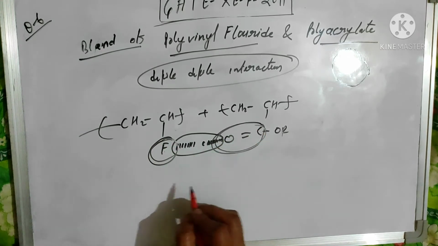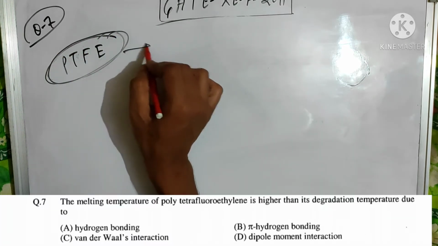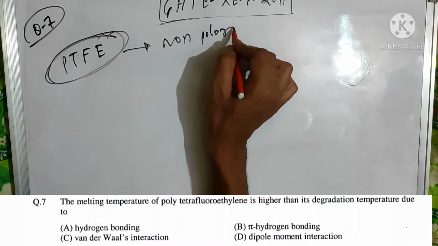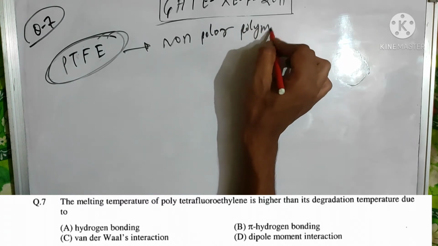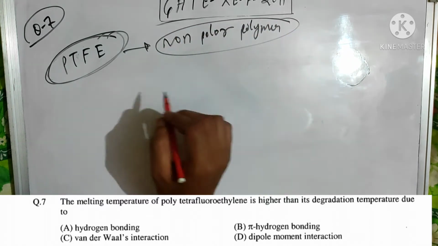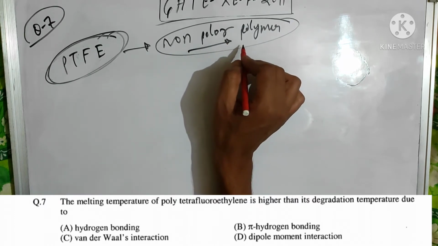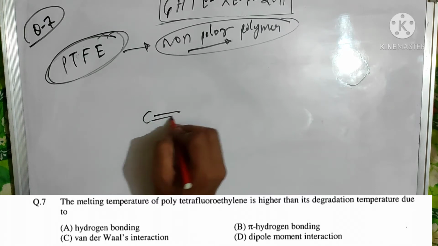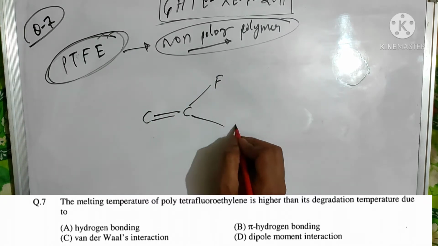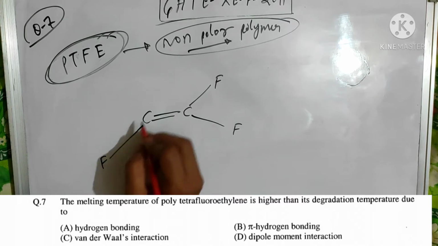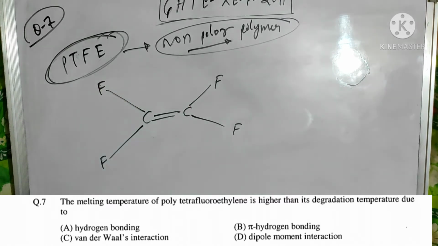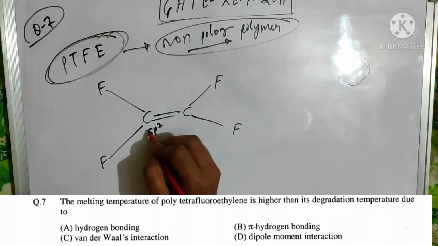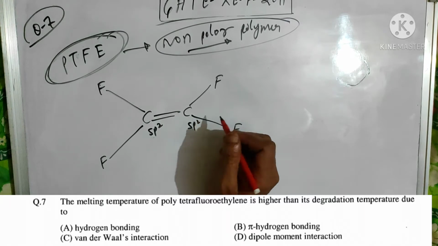Polytetrafluoroethylene polymer is known as a non-polar polymer. How is PTFE a non-polar polymer? Let us understand by its monomer. This is the monomer of polytetrafluoroethylene. This carbon is sp2 hybridized, and this also is sp2 hybridized.